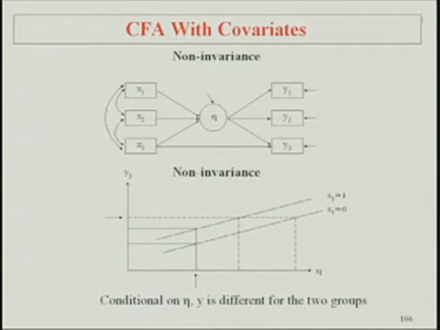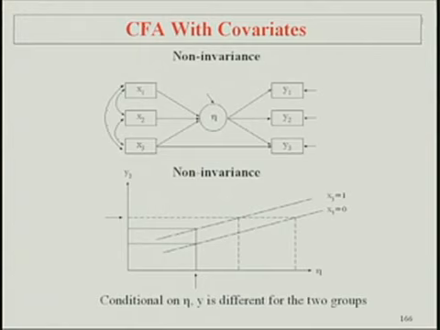I'll say one more time in case you want to write it down: the conditional mean of Y3 for a given factor value is different for males and females. What does that imply? Well, it implies that you actually have measurement non-invariance, right?